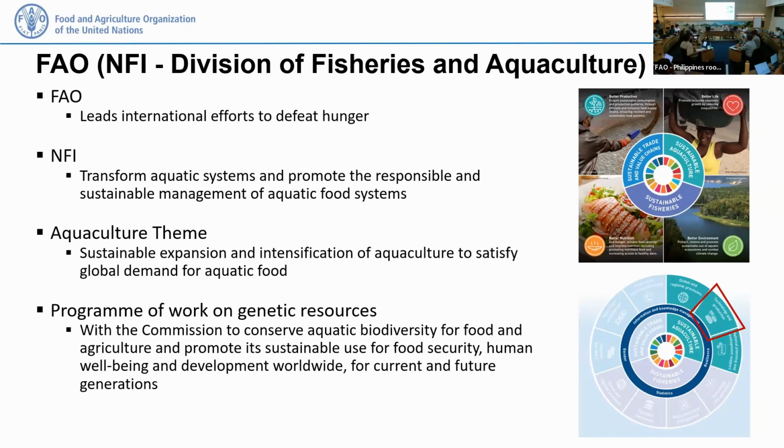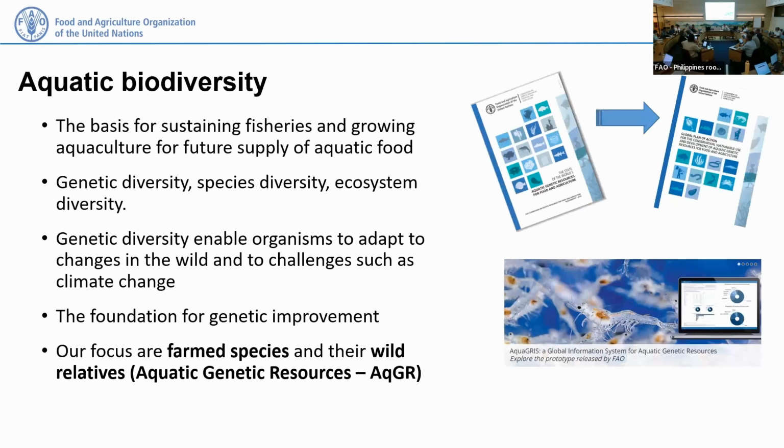Our team is responsible for the work on aquatic genetic resources, but the Commission also deals with terrestrial agricultural resources, forests, crops, livestock, etc. So we're part of a bigger program. Essentially we're working to support the members of the Committee on Fisheries and also the members of the Commission on Genetic Resources for Food and Agriculture.